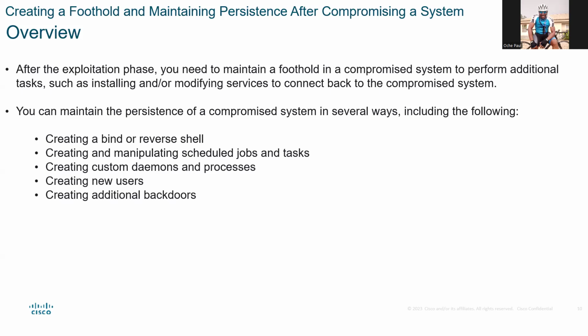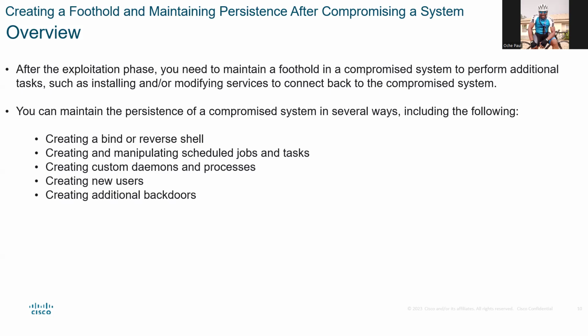So you can maintain the persistence of a compromised system in several ways. Number one, creating a bind or reverse shell. We're going to explain some of them very shortly. Two, creating and manipulating scheduled jobs and tasks, things like update or backup.